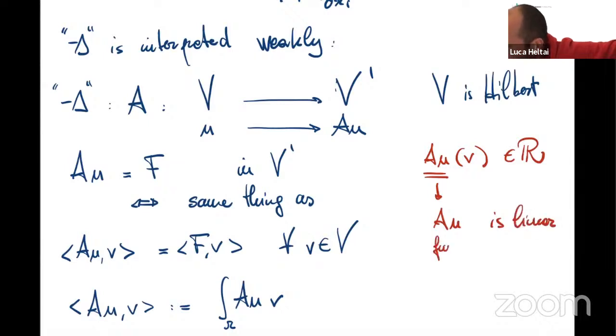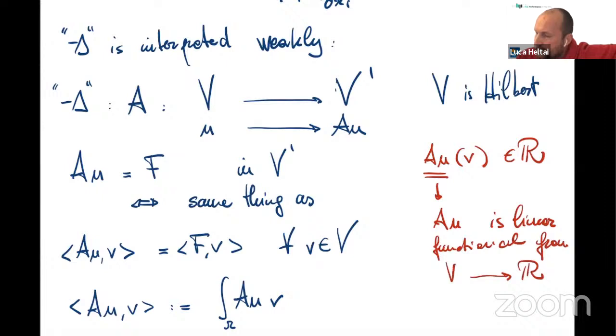Linear functional from V with values in R. And it's defined, from the way that we define this here, the linear functional from V in R is exactly taking the integral of Au times V, in this particular case, in omega.